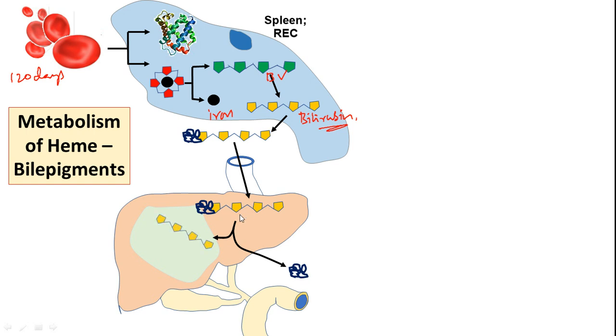The bilirubin will enter into hepatocyte, and within hepatocyte now the actual biosynthetic pathway happens. Okay, so because bilirubin is highly non-polar in nature, so to increase its elimination rate, it has to be converted into highly polar molecule.